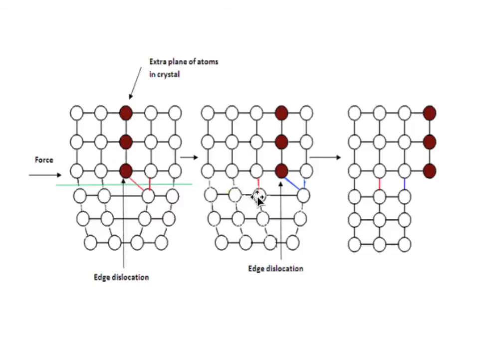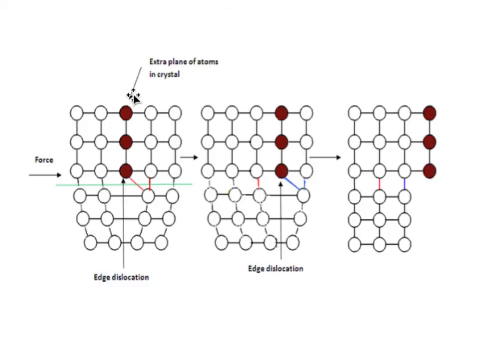So in the next situation we have a bond here, and the extra half plane has moved one step. In the next step, this bond is going to go over to that bond. Then we have this situation where the blue bond is here. And we see that we have obtained a deformation of the crystal, one step to the right.